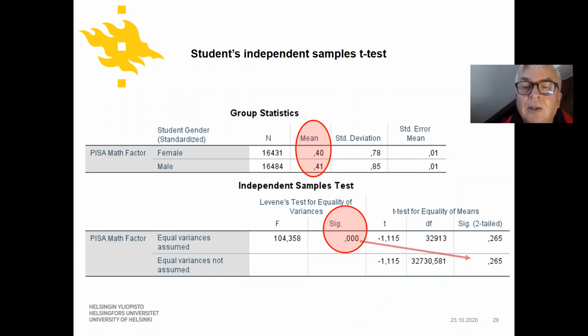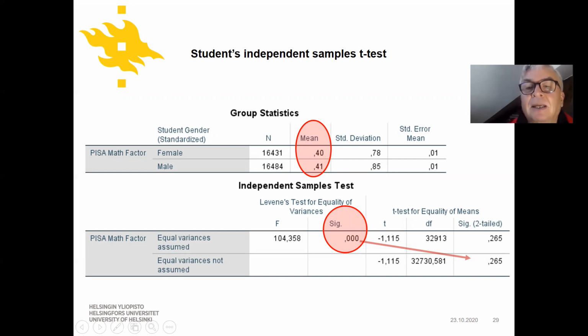From that, you go down to the equal variances not assumed. Because there are significant differences, you don't assume them, and the test is built to give that answer. If you would have a non-significant result here, you would go here. But actually, again, you can see that the significance you get here is pretty much exactly the same.